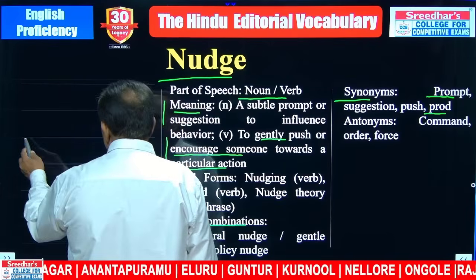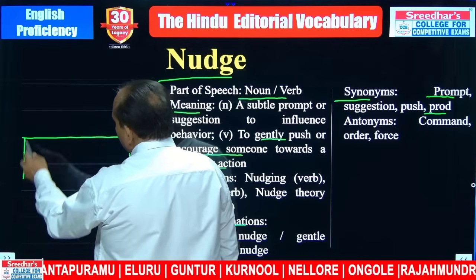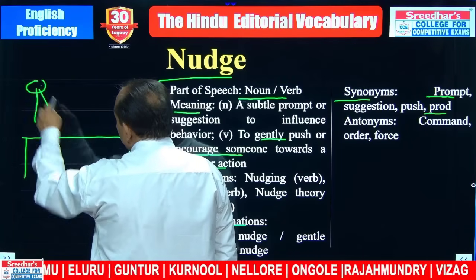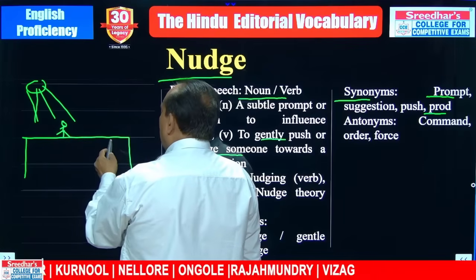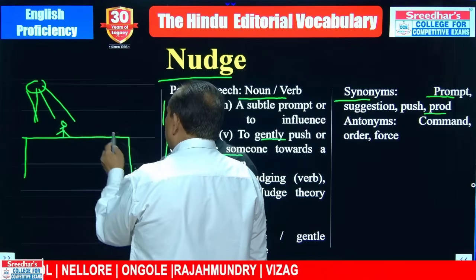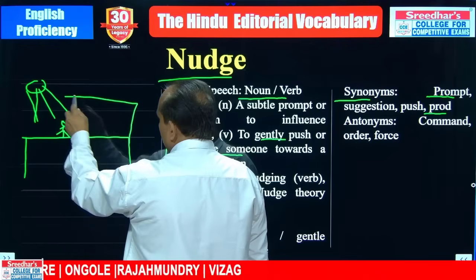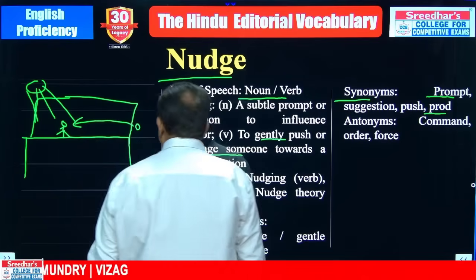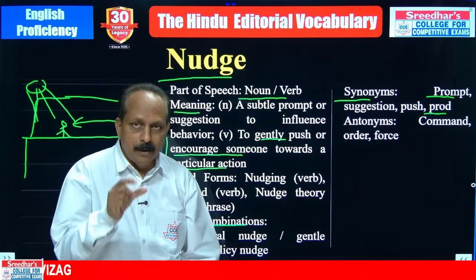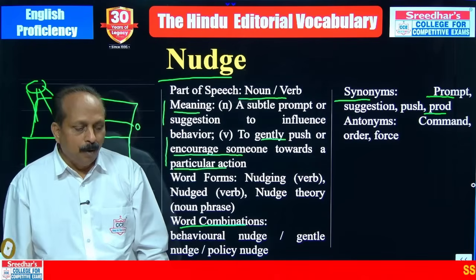Imagine there is a stage and usually spotlight on a particular actor. There is a person and this actor forgets a dialogue. Then from behind the screen, imagine this is a background, there is one person. He gives a prompt. He tells the actor the particular dialogue. That is known as prompting.